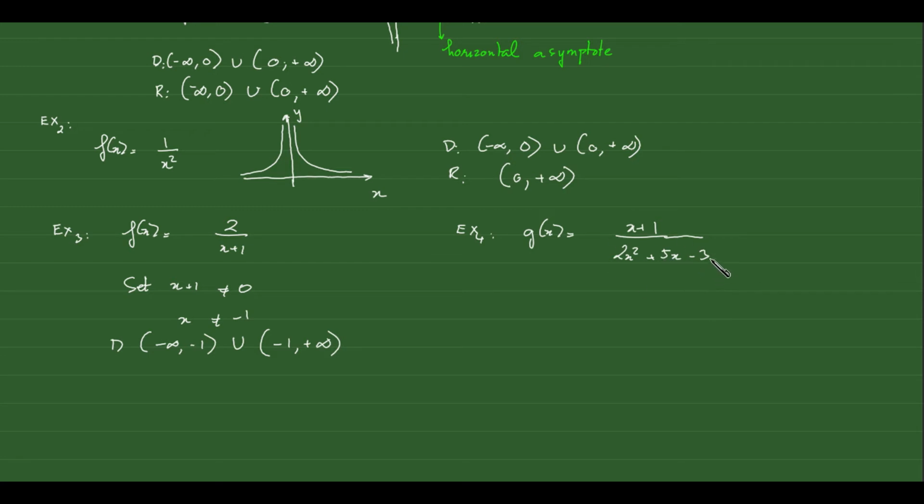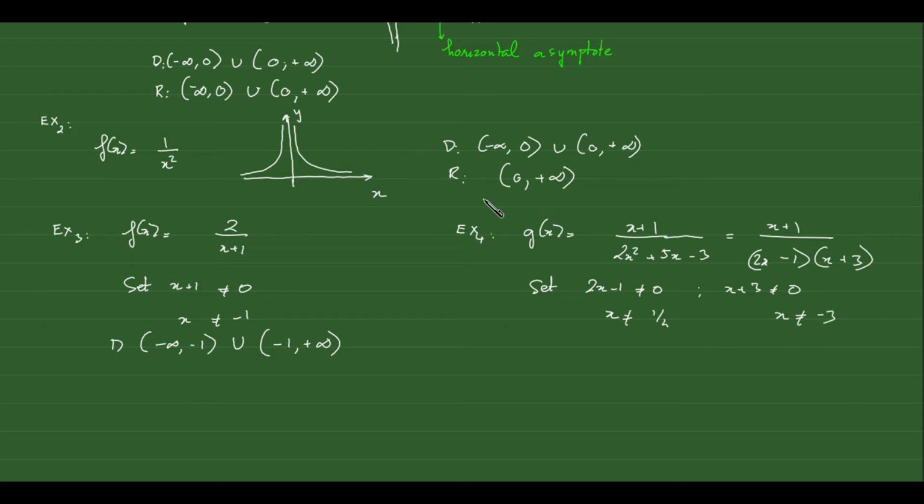In order to find the domain here, all you have to do is go ahead and factor the denominator out, if it is factorable. So let's see if it can be factored. So we have 2x minus 1 and x plus 3. Now we set 2x minus 1 different from 0, and x plus 3 different from 0.